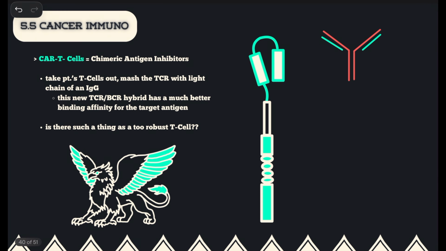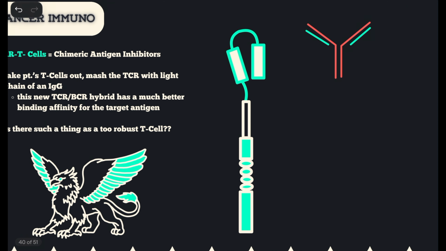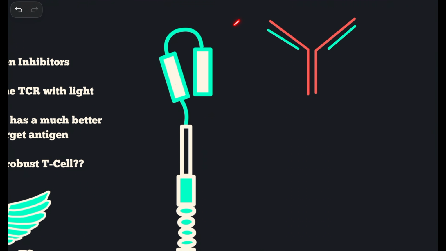A really cool therapy that is in development, I think it's being used, but it's constantly in development, are CAR T cells. So these are chimeric antigen receptors. What we do is we take the patient's T cells out and mash the TCR with the light chain of an IgG antibody. Okay, so I have this antibody here.